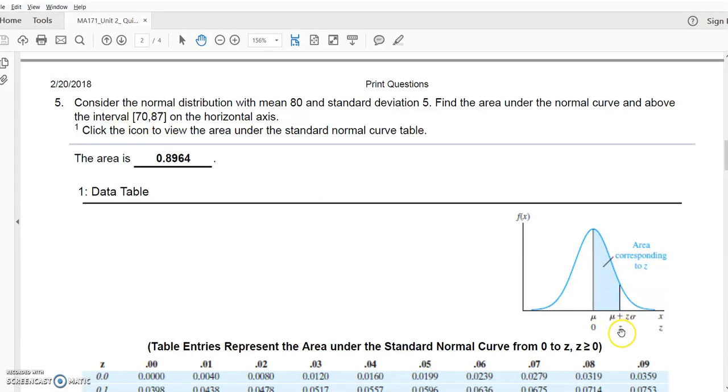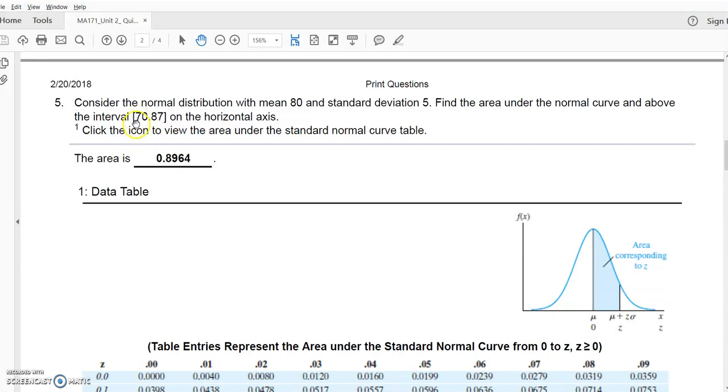What this table gives is, as it says here, the area under the standard normal curve from 0 to z. So when you look up a z-score on this table, the number the table gives you is the area from 0 to that z. Keep that in mind.